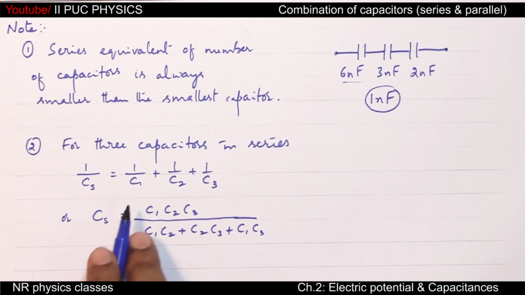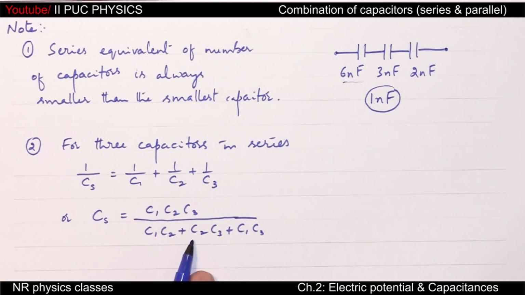So this is how you should use if 3 capacitors are given. You can use this formula or directly use this.